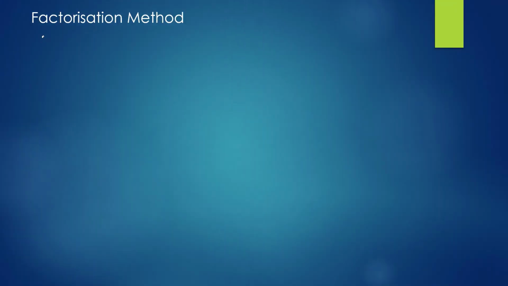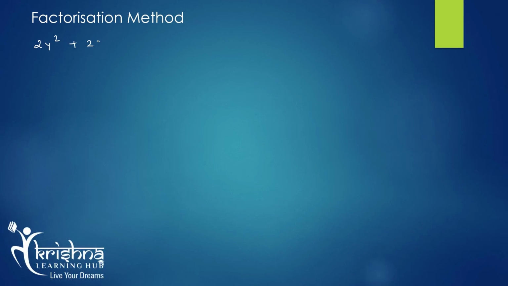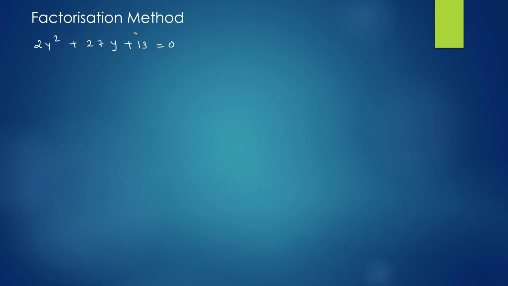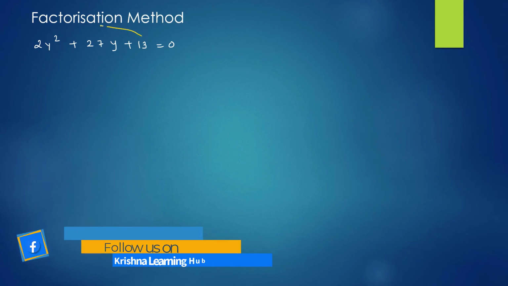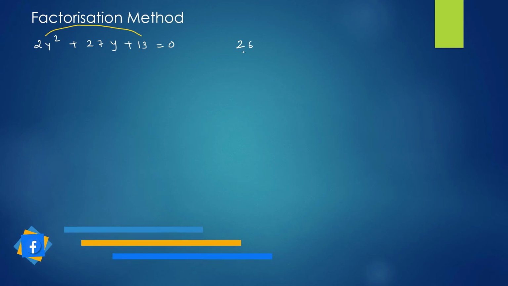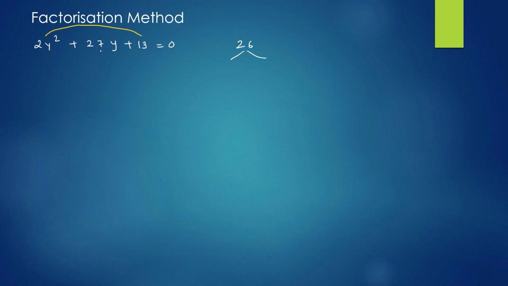Now third type of sum is 2y square plus 27y plus 13 is equal to 0. Now again we will multiply last term with the first term, that is 13 times 2 is 26. Okay, then we have to split this 26 to get the value of b, that is 27.